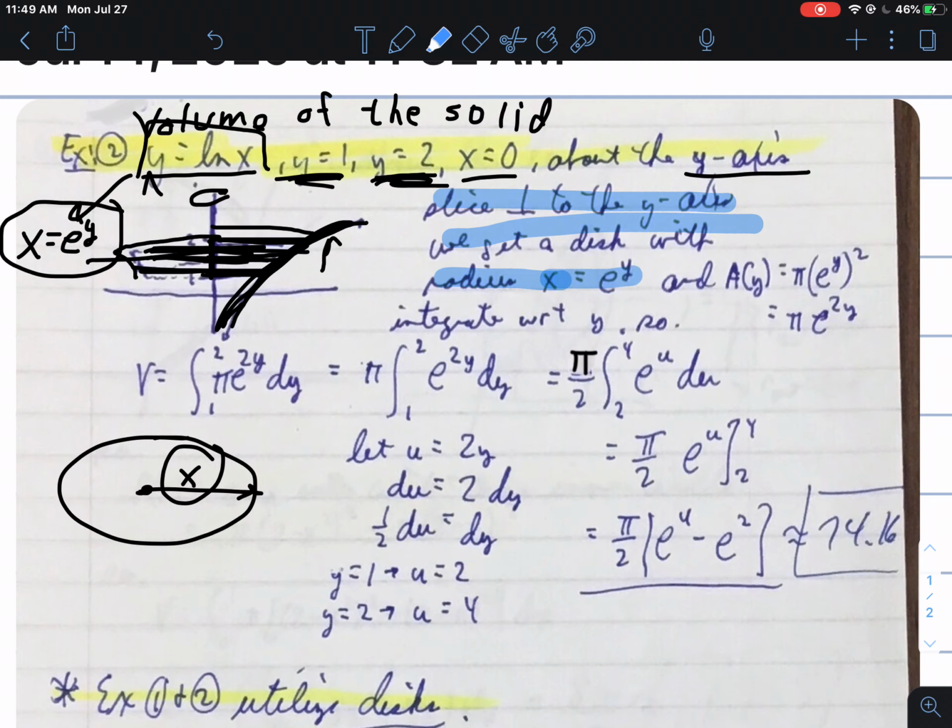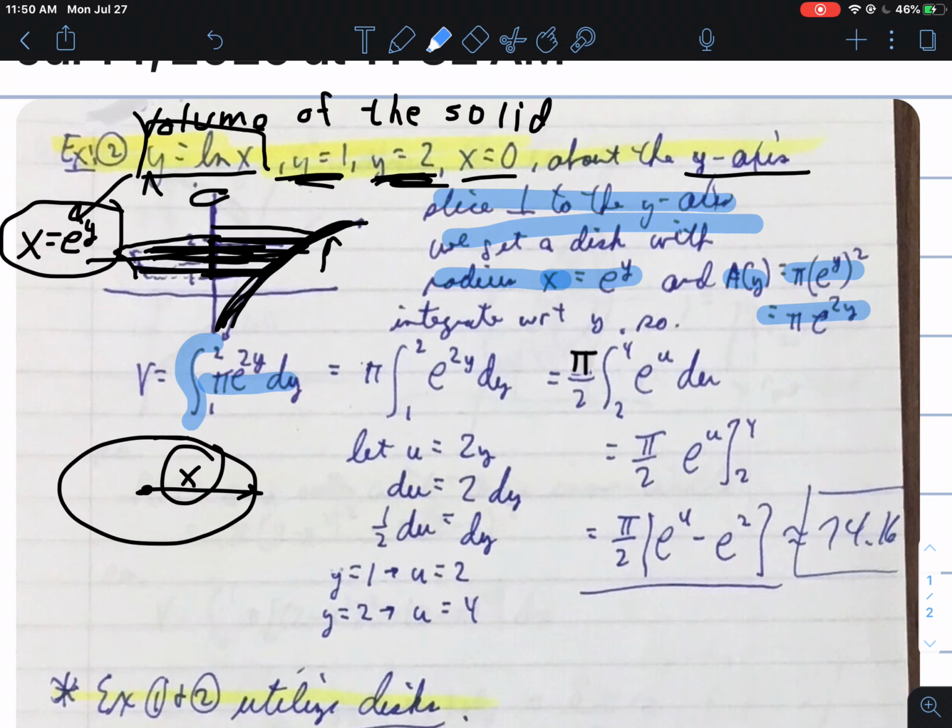That'll be my radius. So I now have an area that's a function of y. It's pi times the radius squared, pi times e to the y squared, or e to the 2y. And then I can integrate from 1 to 2, because those are our horizontal lines, y equals 1 to y equals 2. So there's our integral from 1 to 2 of pi times the radius squared.